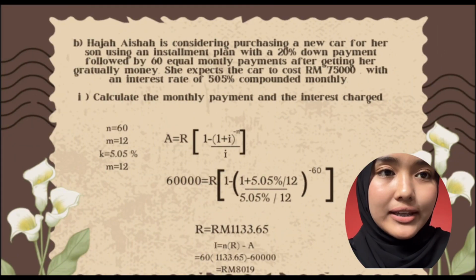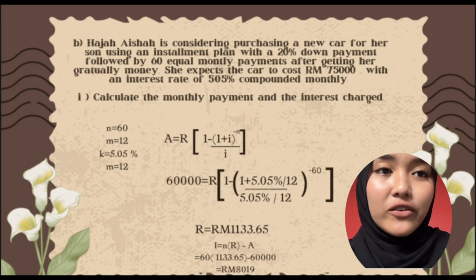The amount of n is 60, m is 12, k is 5.05%, and the A we need to calculate first. It is because they already said that they settled the down payment of 20%. So 20% multiplied by 75,000, and then 75,000 minus 15,000, and the answer is 16,000, which is A. Use the present value formula.